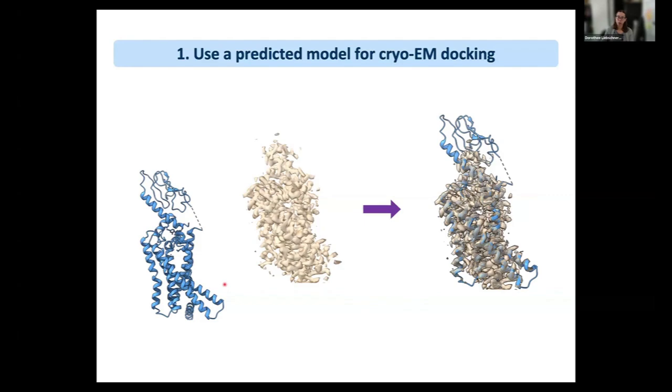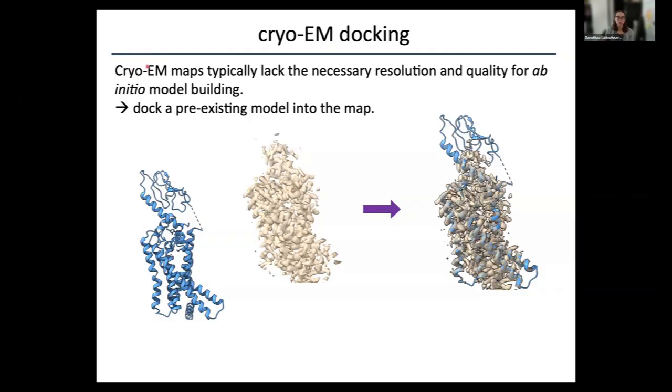So, using a predicted model for cryo-EM docking. Typically cryo-EM maps have quite low resolution, so it's very challenging to build a model ab initio into such maps. So very often the workflow is to dock a pre-existing model into the map, and that can be a homology structure or a known crystal structure.